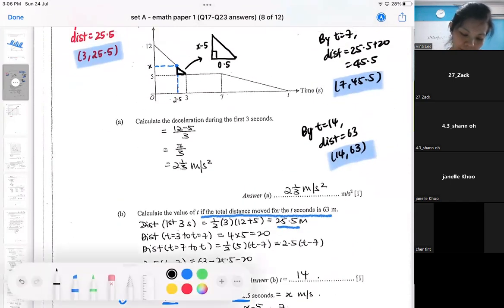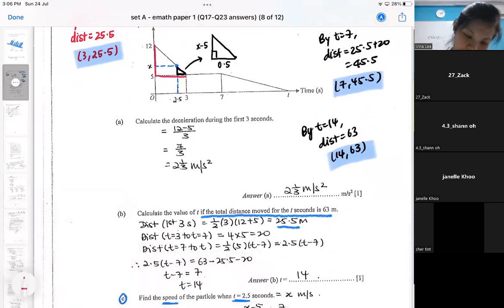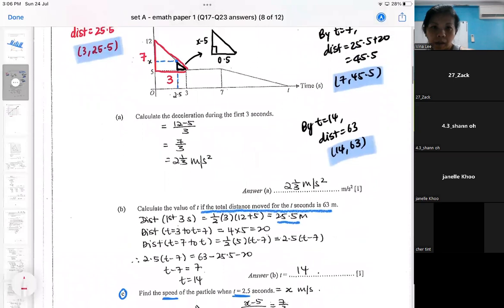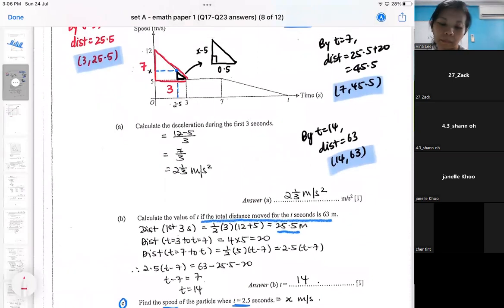And then I can have a big triangle. So the big triangle is 3 and 7. So I'm using similar triangle. I look up for the tiny triangle, I look up for the big triangle.